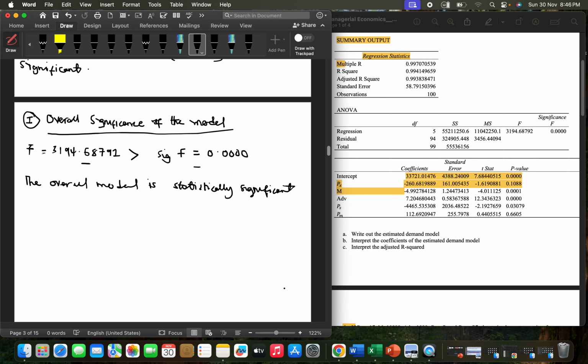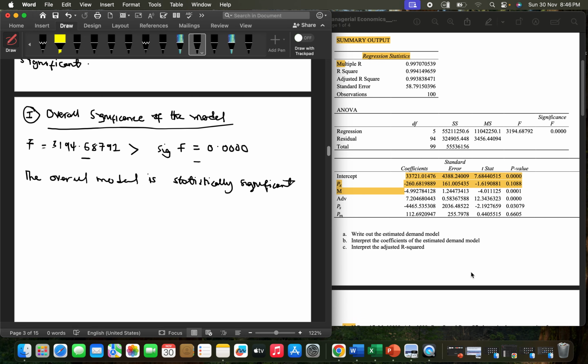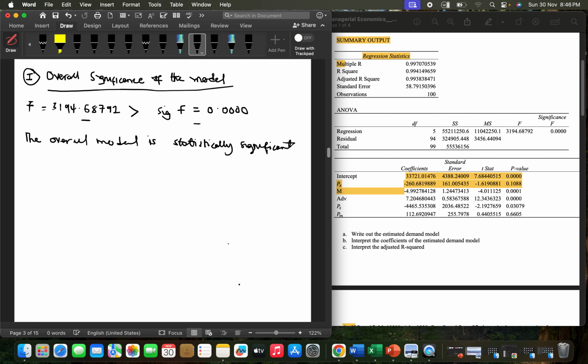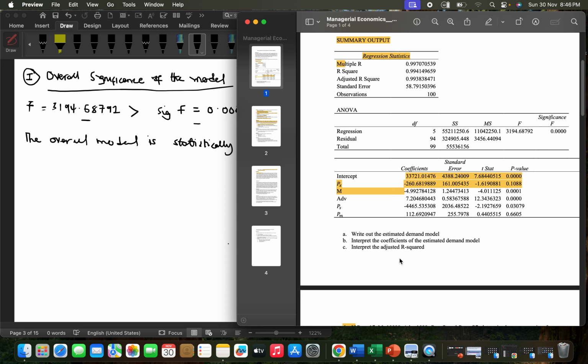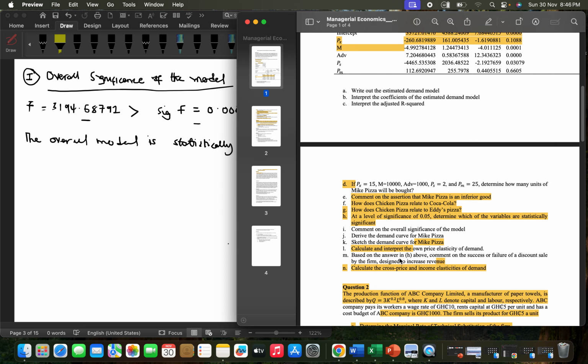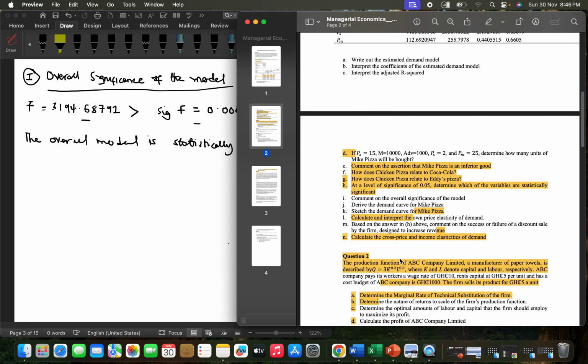Then you move to the G part of the question.